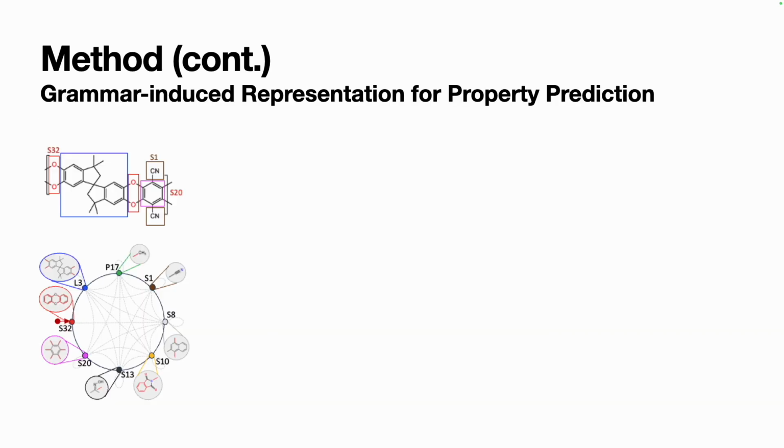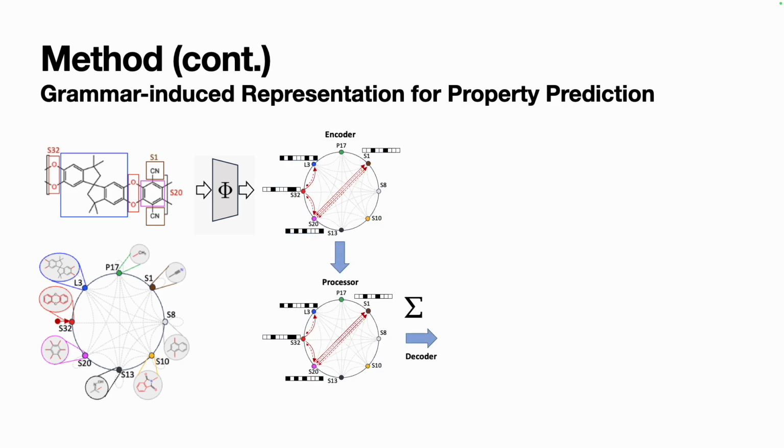The other key innovation is that we can use the grammar-induced representation for property prediction tasks. The idea is that the trainable parameters induce a representation that can be fed into a downstream graph neural network. We call this representation the weighted random walk, and it's actually the artifact of the generative model.